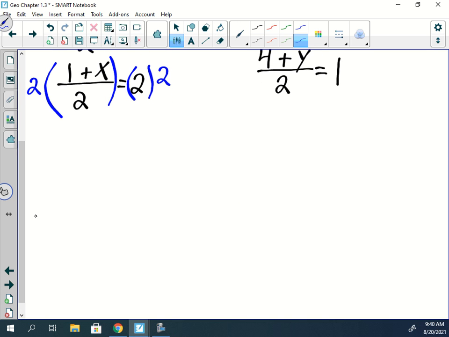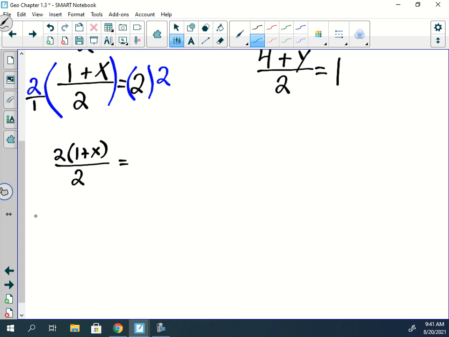So I'm going to write this out for the first step, and we won't see this later on. Because when I multiply a fraction by a number, am I going to multiply the 2 by the numerator, the denominator, or both? The numerator. Whenever we multiply a number by a fraction it's always the numerator. Because more or less what we're saying is 2 over 1. So we multiply the numerator by 2. So we'll have 2 times (1 plus x) divided by 2.